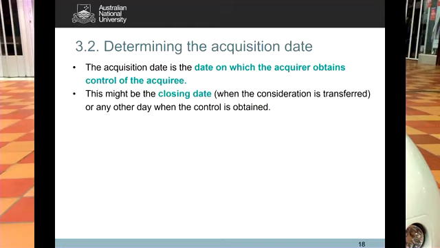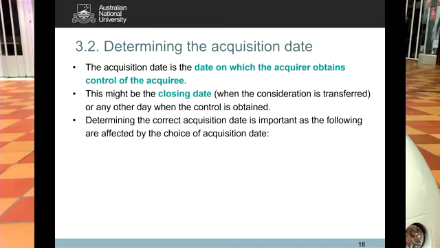But this is not necessarily the acquisition date. The acquisition date should be the day they obtain control. If the date they obtain control is the same day as the closing date, yes, that would be the acquisition date. Otherwise, it's still about when they obtain the control, okay?